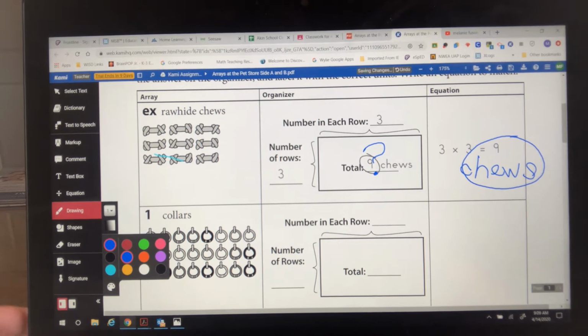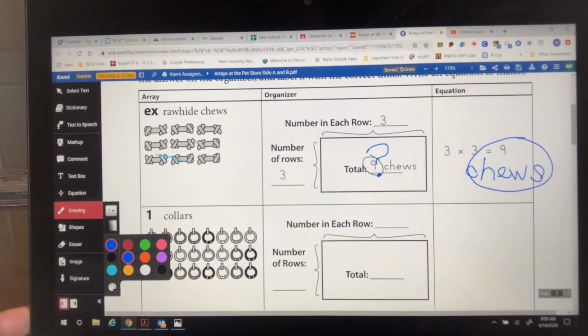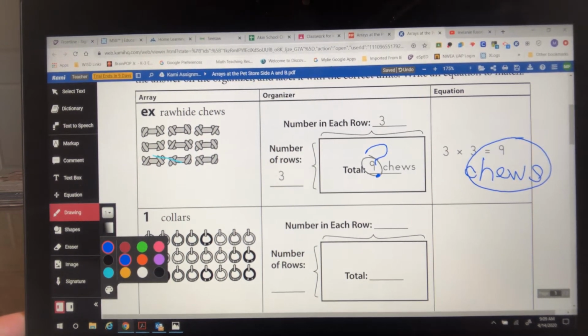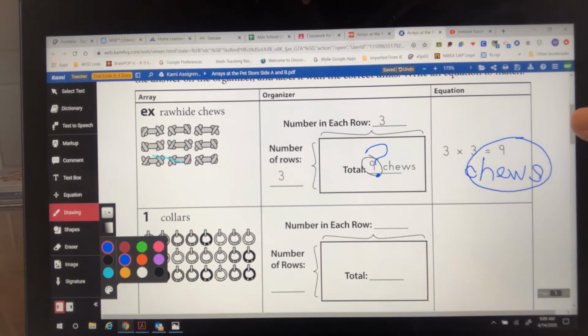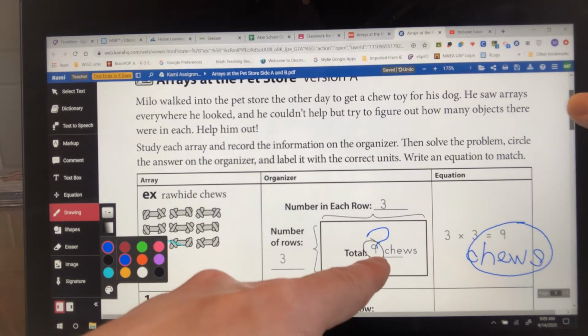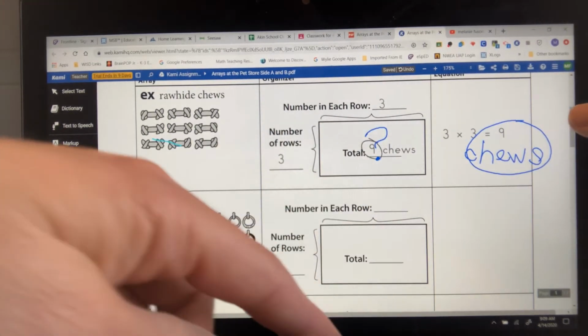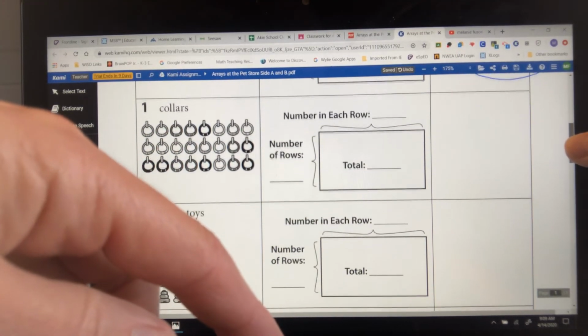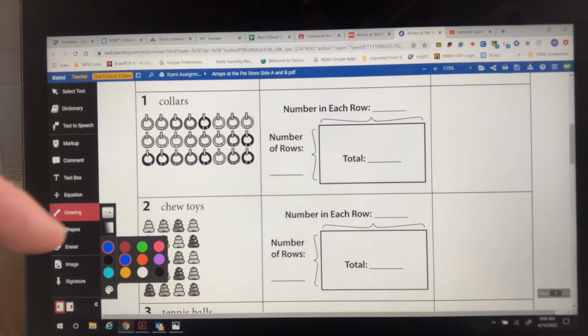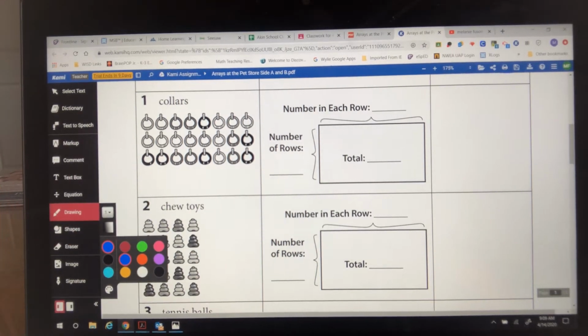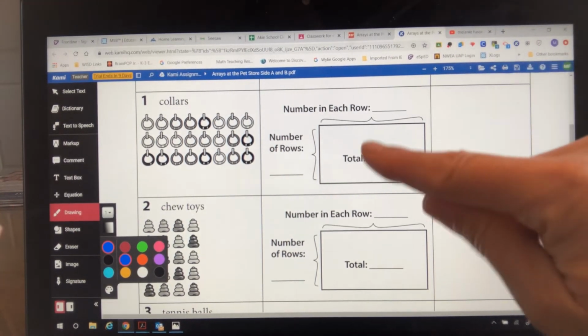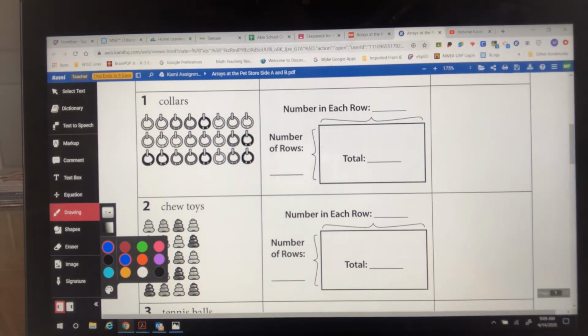That's my personal preference, simply because many students are still struggling with where do we put that mystery number? What are we looking for? And in this case, we're looking for the total or the whole. And remember, in multiplication or division, we're only multiplying when we're looking for the total. And so where it says total, that's where that mystery number is going to go.